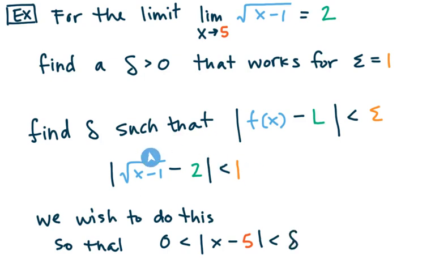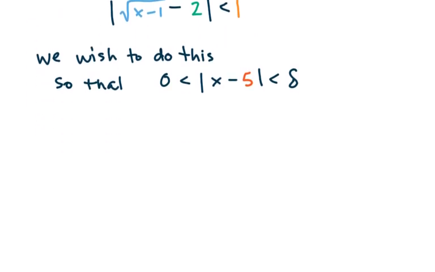So the first thing I'm going to do is take my epsilon equation, f of x minus the limit is less than epsilon, and solve the inequality for my x value. I've explained what we're going to do. Now we're going to do it.